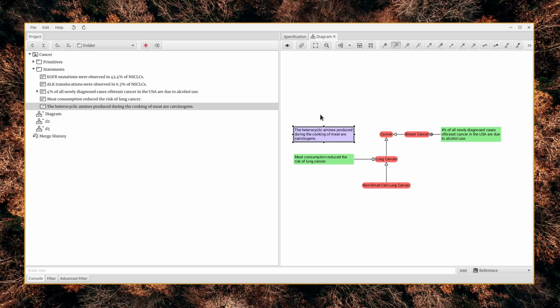Once I add the statement into the diagram, I can indicate this contradiction by using the contradiction relation. Also, we can indicate that this new statement has information that cause cancer problems. Because carcinogens that are mentioned in the statement cause cancer.